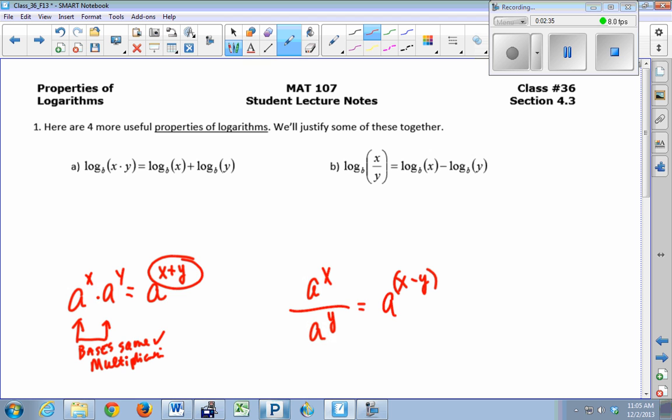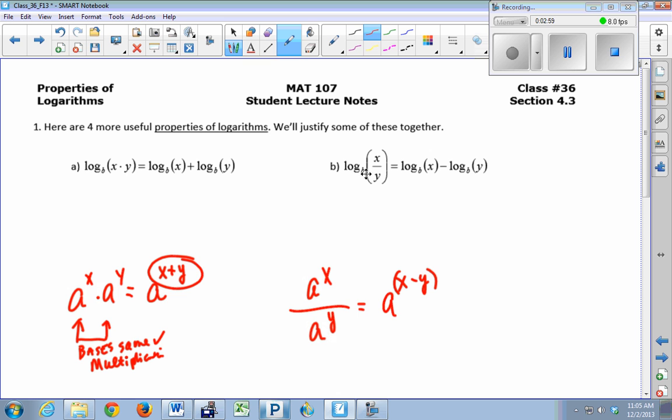And since logs are just exponents, it says that if you have log base b of a product, x times y, you can expand. One of the terms we use is to expand this. You can expand this by saying that it's log base b of x plus log base b of y. When you multiply, you add your exponents.